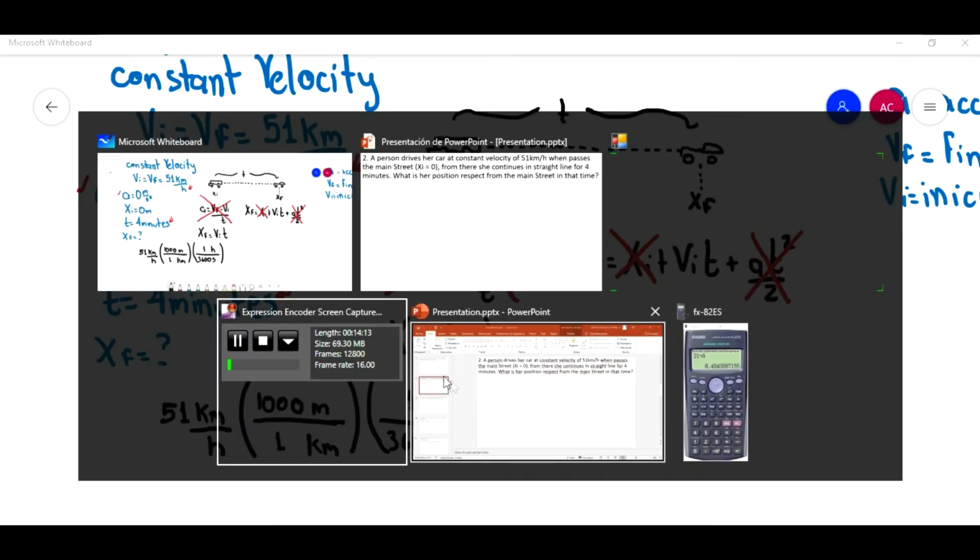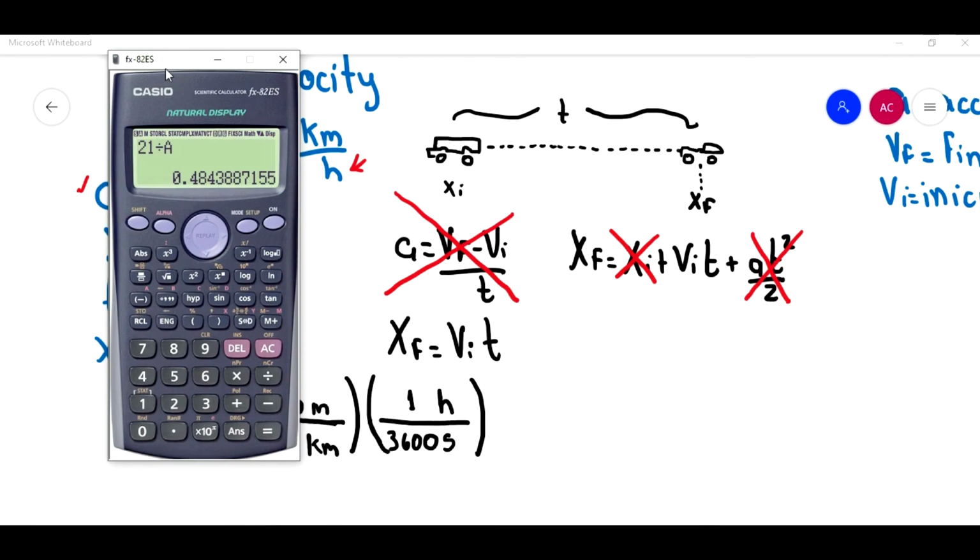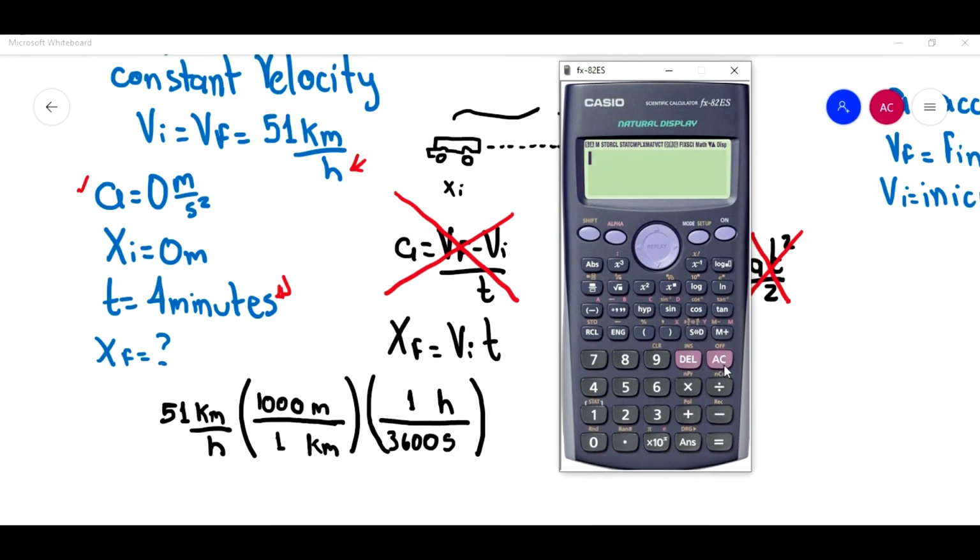I'm going to do this operation in the calculator. This fraction is going to be 51 times 1,000 over 3,600. Okay, and I press equal, and that's the value of the initial velocity.